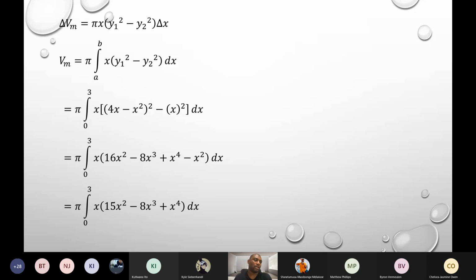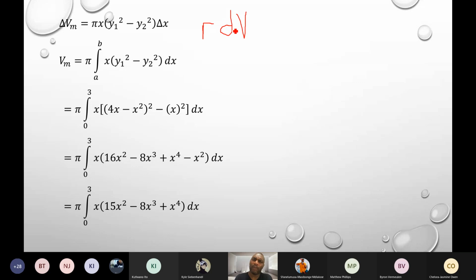If you look at it, let me show you. It's R times dV. Okay, now what is my R? Here I'm looking for volume moment about the y-axis.